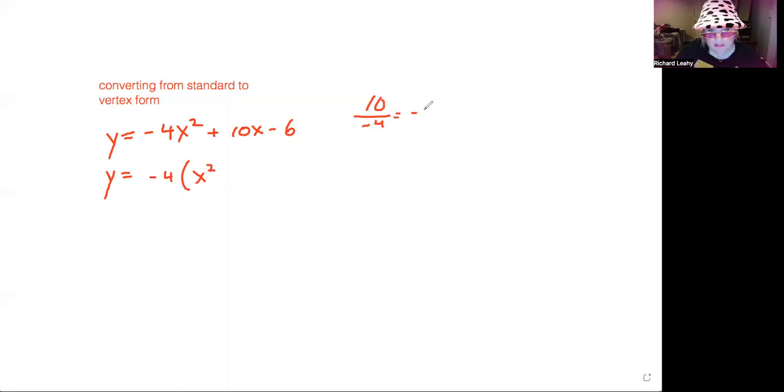Okay, so that's going to be like -5 halves. This one's getting ugly already. But this should work though. We got that portion and -6.